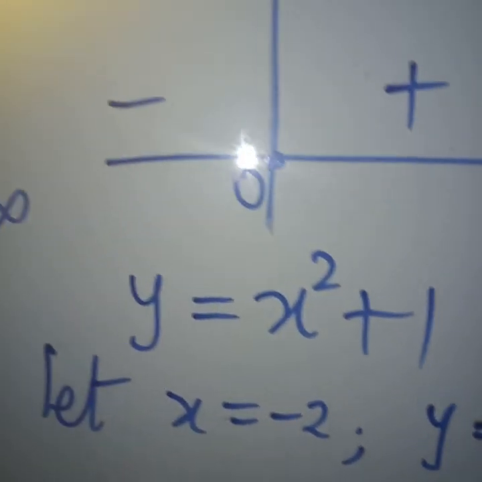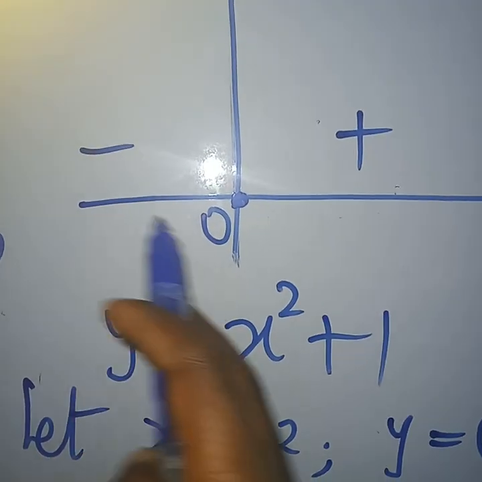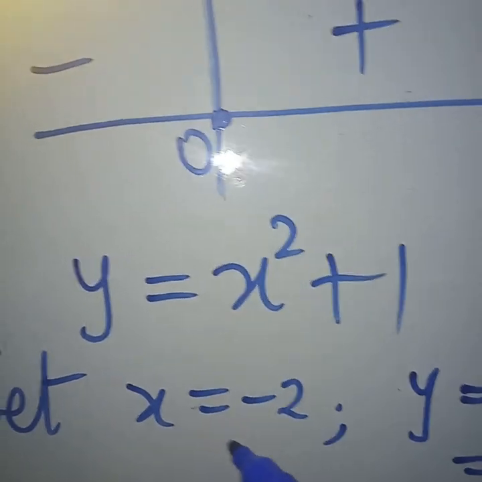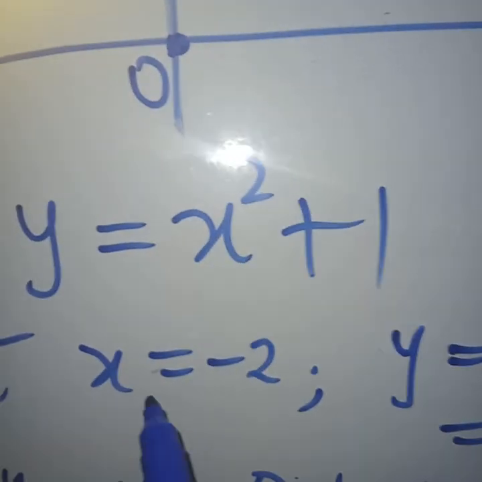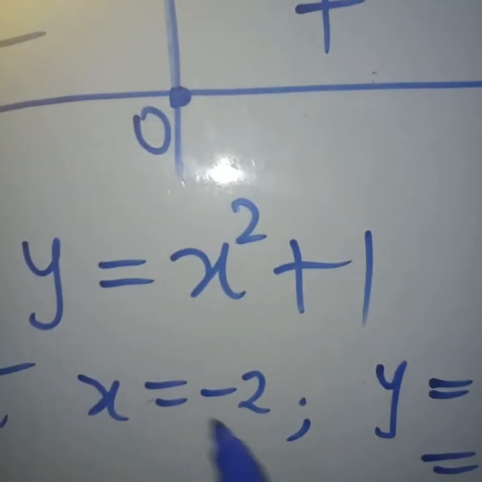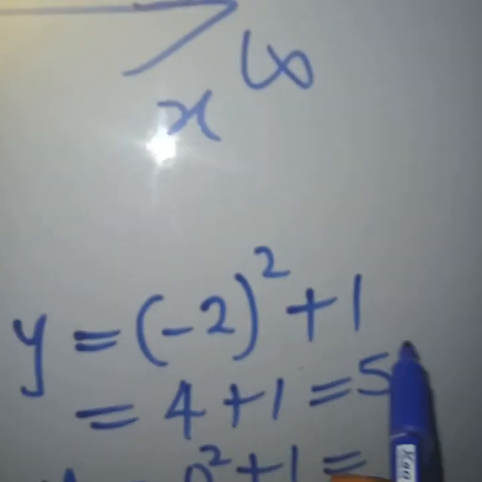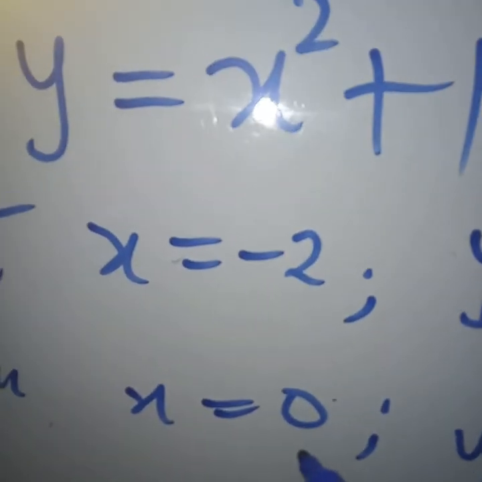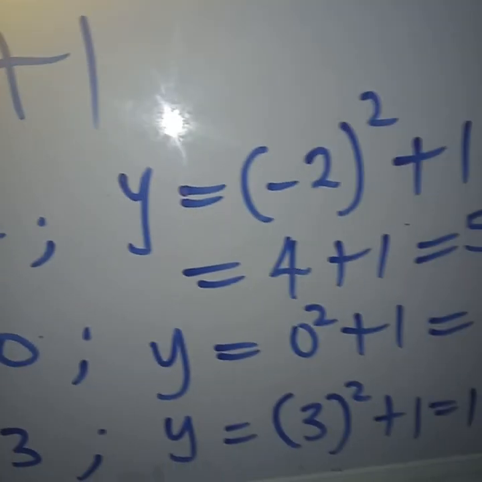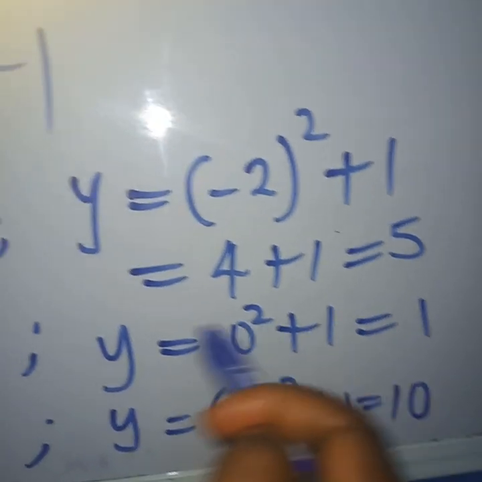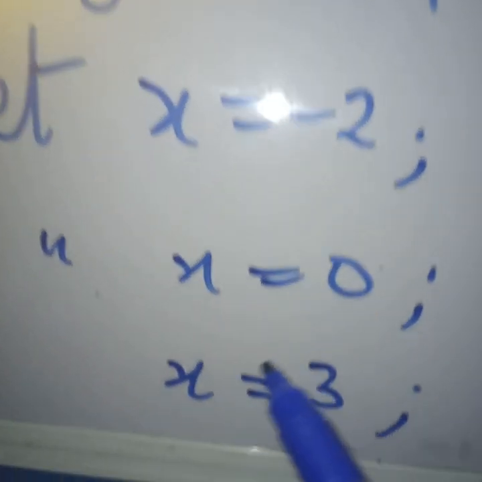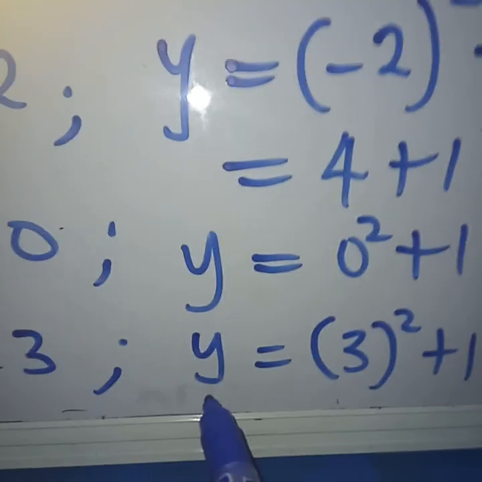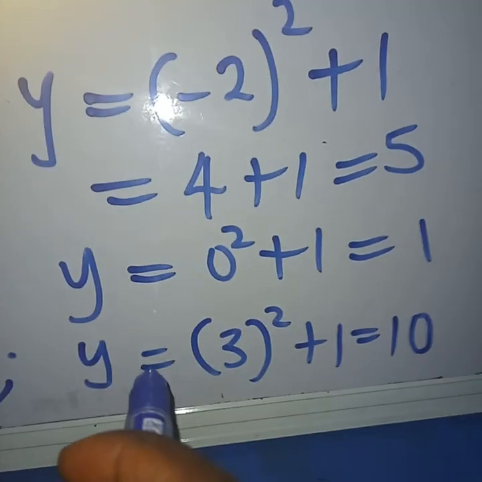So since for each value of x on this number line there corresponds a unique y. That is, when we pick an x from the negative side, we have a unique y, which is 5. When we pick 0, again, we have a unique y, which is 1. When we pick x equal to 3, we also have a unique y, which is equal to 10.